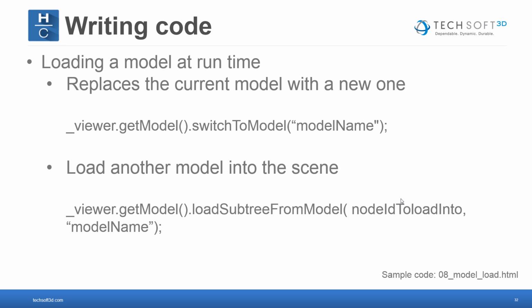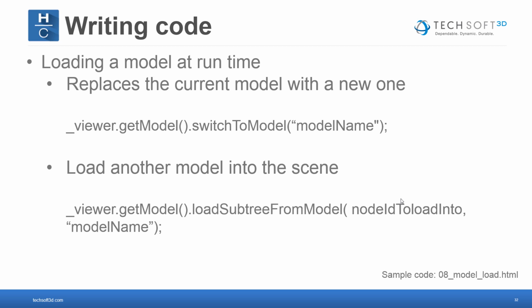Or we can say, load an additional subtree from another model. Now, when we say load subtree, it's going to take the entire model tree from this new model and paste it into our existing scene, along with all the graphics data. We can specify a node that it's going to paste into.